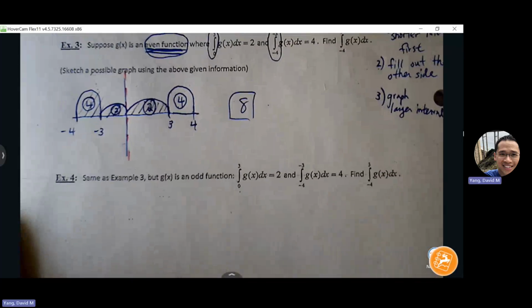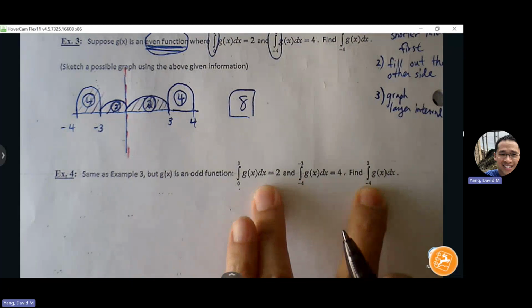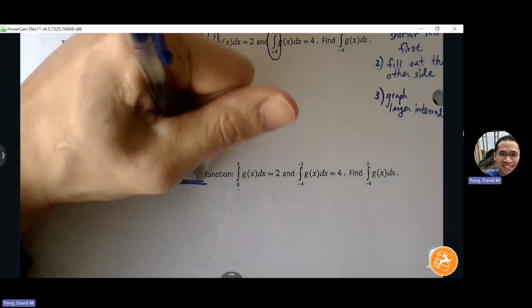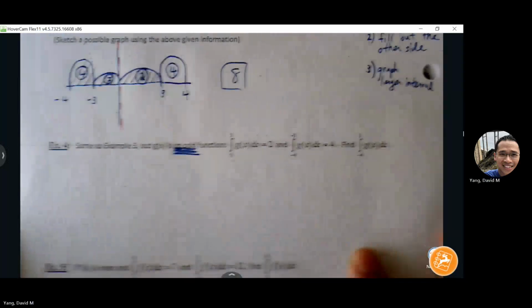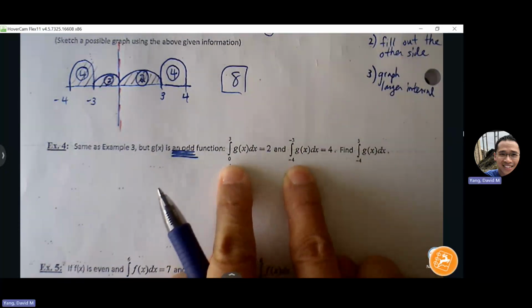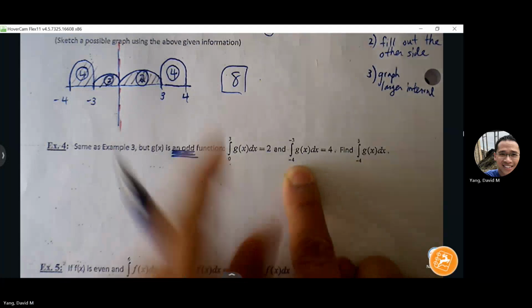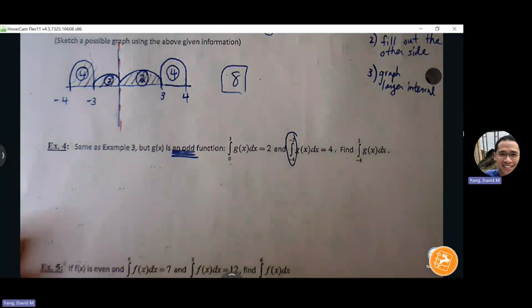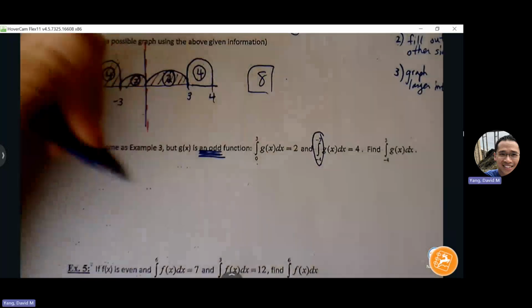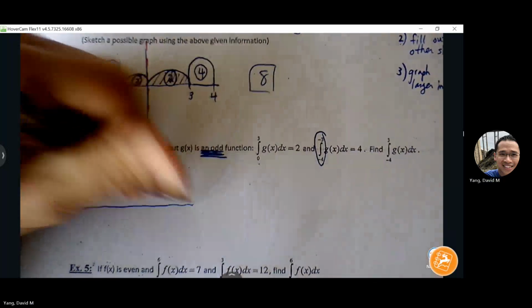All right, example 4. Same as example 3 in terms of the properties given, but now we're going to make it an odd function. So, okay, where do we start? Good. Don't look at the area, look at the width. Shorter width is going to be where you want to start.